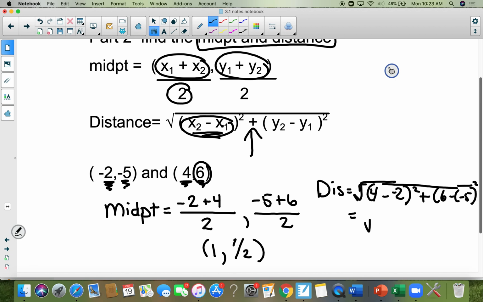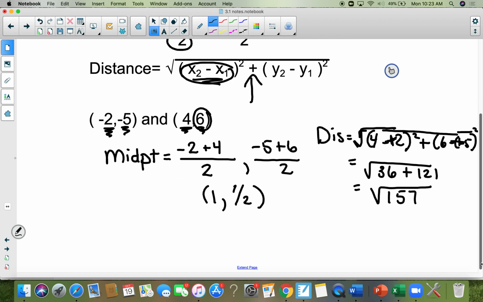And you're going to get 2 negatives equal a positive, so 4 plus 2 is 6, and 6 squared is 36, plus 6 plus 5 is 11, and 11 squared is 121. It equals the square root of 157, and simplify your square roots if you can, but I don't think you can in this one.